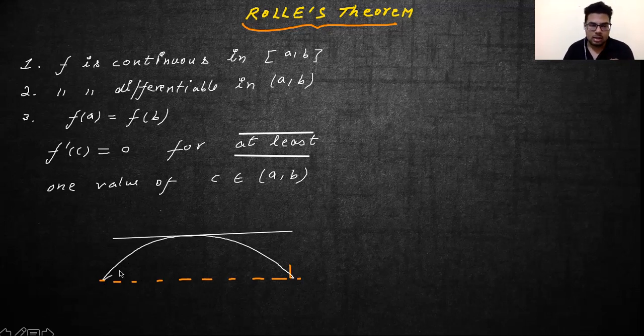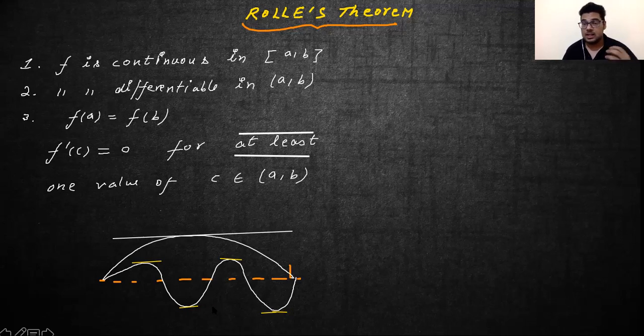Let us say the curve is like this, and then again we are moving to the same value. So the tangent is parallel to the x-axis many times in this case, right? Here also, and here. So in all these cases, 1, 2, 3, 4, the tangent is parallel to the x-axis.